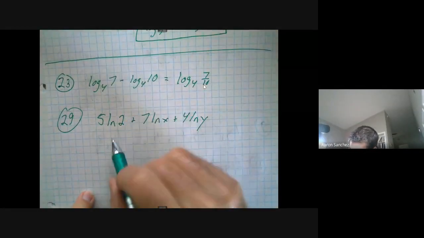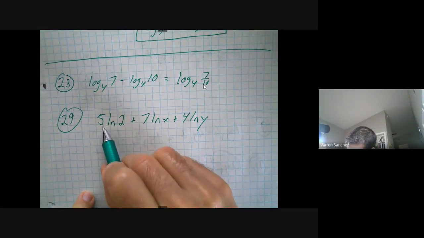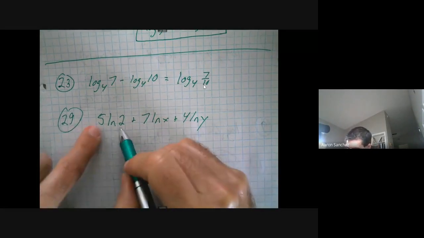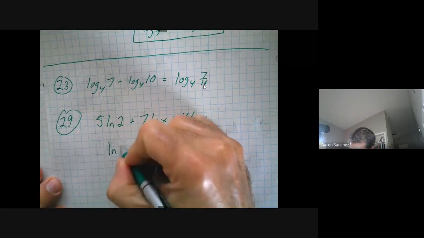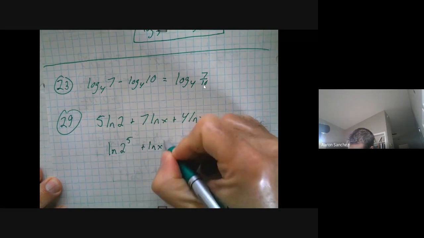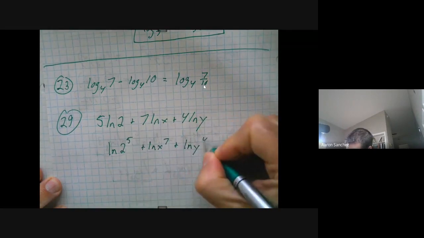So now to expand all these, let's look closely. Notice all these have a number in front. How can I make these numbers go together? Let's use the power rule. Natural log of 2 raised to the 5th plus natural log of x raised to the 7th plus natural log of y raised to the 4th.